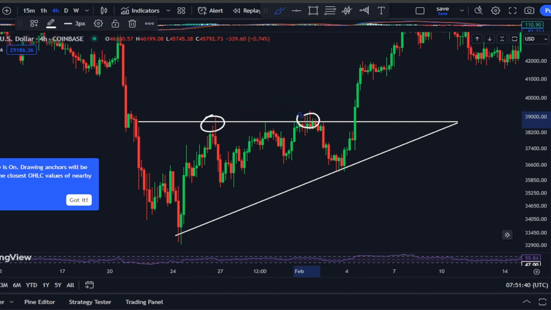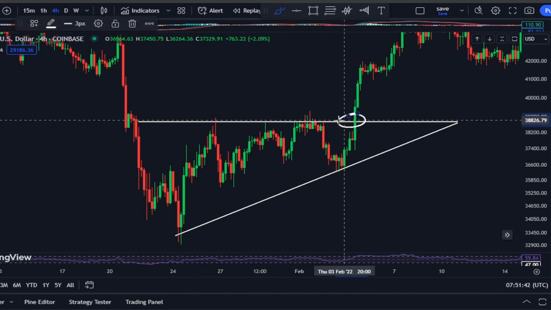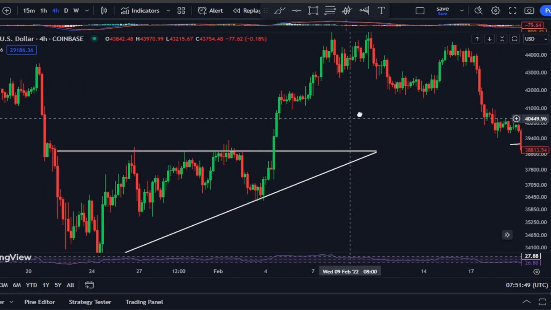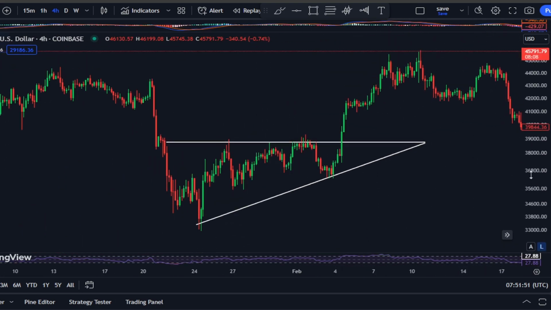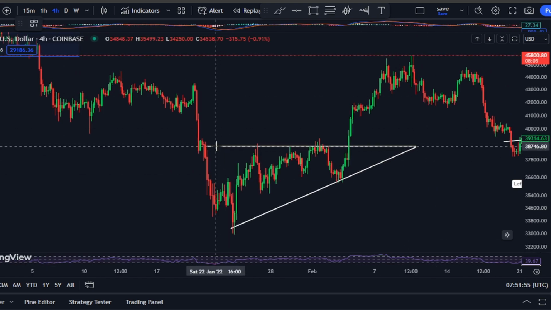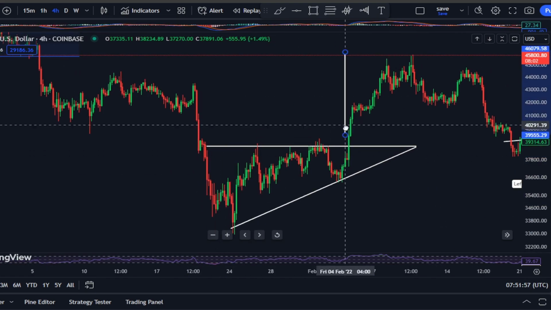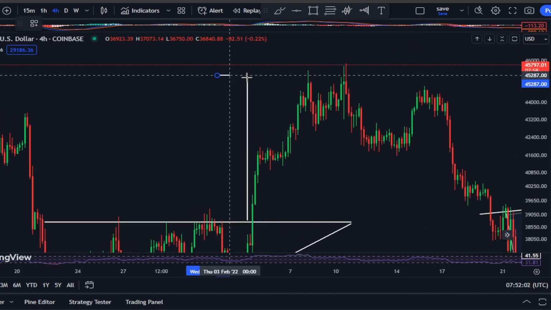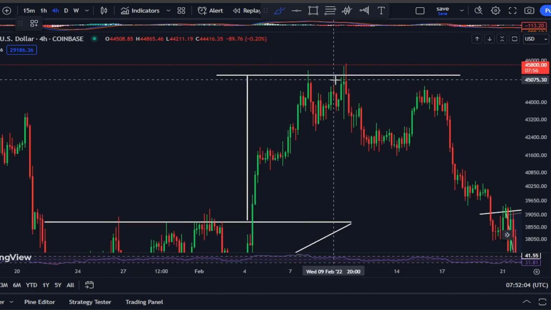Once we see a break above the triangle, that's when you would like to enter into a long position and ride this wave towards the upside. To measure the targets where you could take profits, measure it like this, and then drag it to the point of breakout. This is your take profit target somewhere over here. Exactly after that, we could see a pullback.